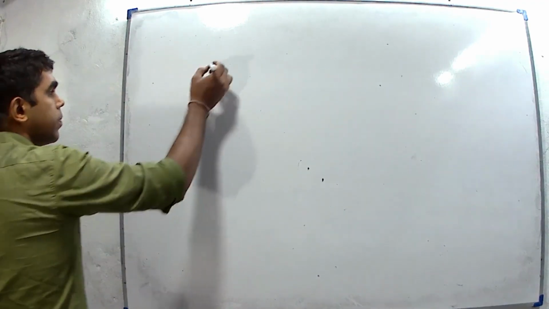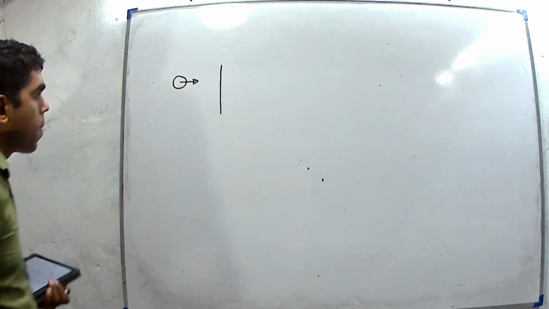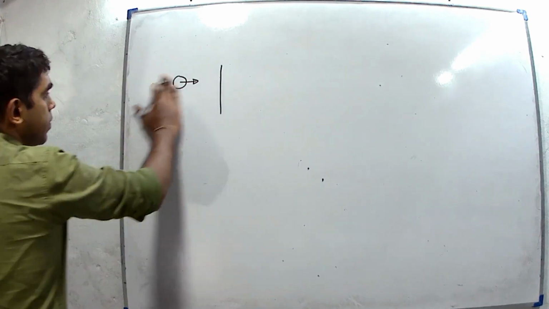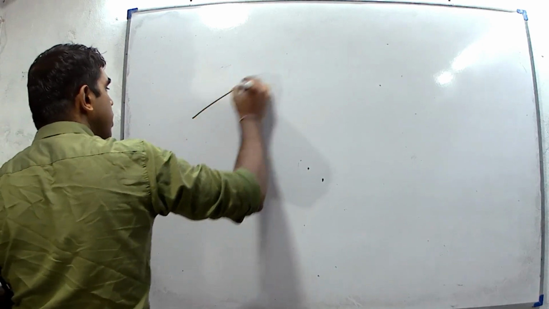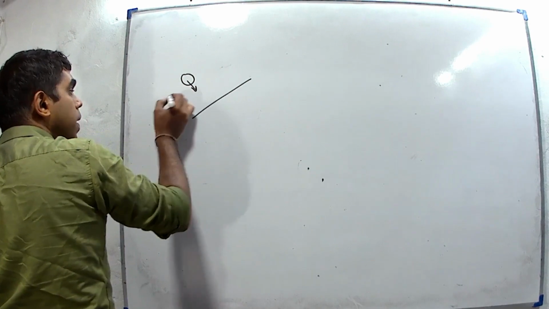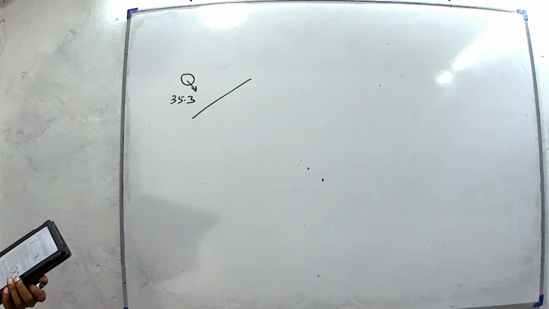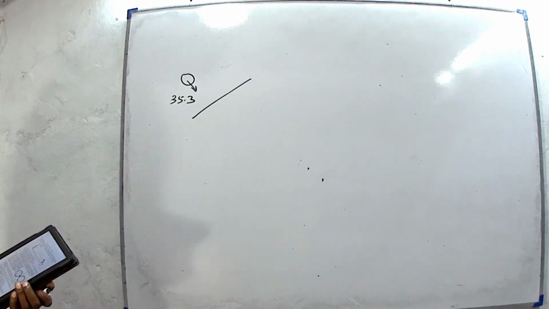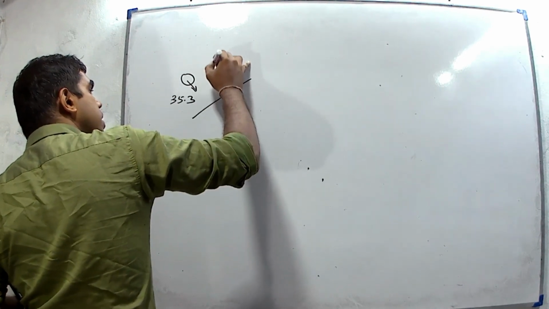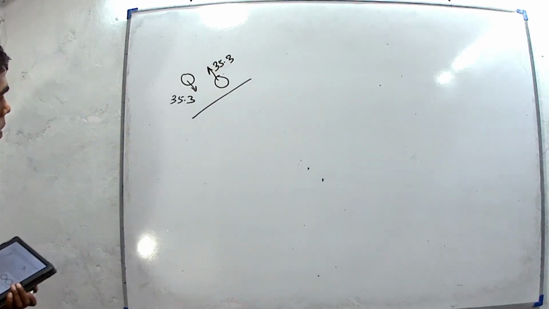They have given the ball is colliding with the bat like this. Before the collision, its speed is 35.3. And after the collision, it is rebounding with the same speed. In the question they have given the same speed.